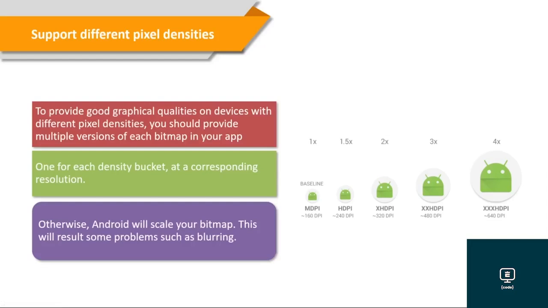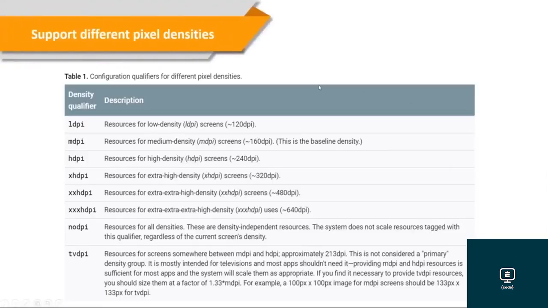Now, here's a table about these measurements, and you can study the table. For example, let's look at first MDPI. It means resources for medium density screens. 160 DPI is MDPI. Another one is XXHDPI.